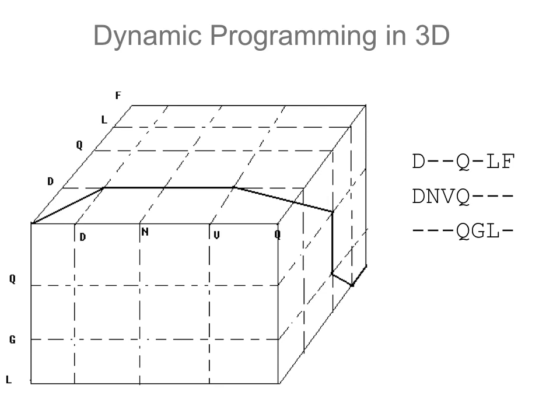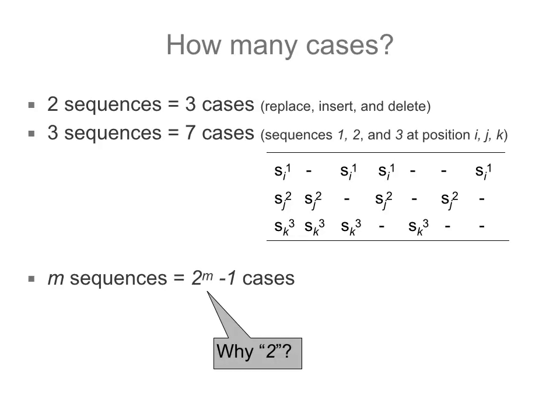Now, how can a sequence alignment be extended from 2D to 3D or to any number of sequences? We have to consider different alternatives how the associations are being made. When there are two sequences, then there are three possibilities. We have a replace, an insert, or a delete.